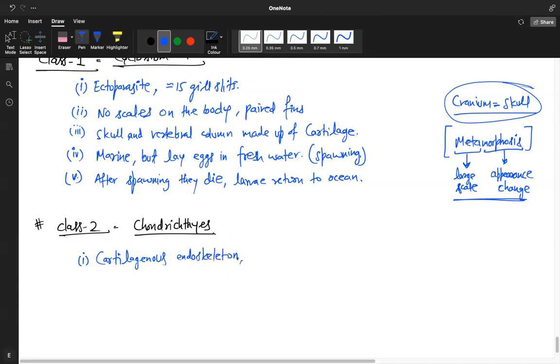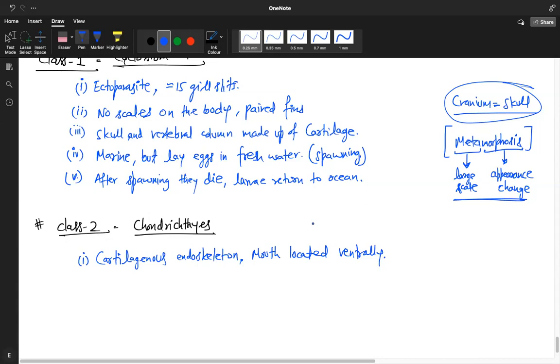But the important part is all these chondrichthyes have their mouth located ventrally. Mouth located ventrally. What do you mean by ventrally? If the fish is swimming, from the top you will not be able to see the mouth. It will be on the downside. You understand?